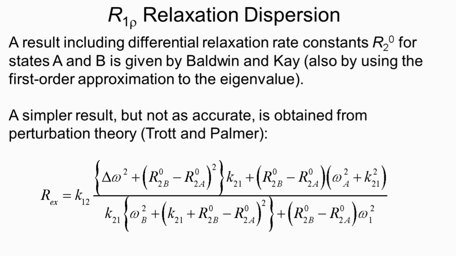There is a complicated but simpler expression that comes from a perturbation theory treatment of this that shows the effects of differential relaxation rate constants in the A state and the B state. These kinds of expressions turn out to be important for the DEST experiment, where one has exchange between states with very different tumbling times. So we'll come back to this in a future lecture.